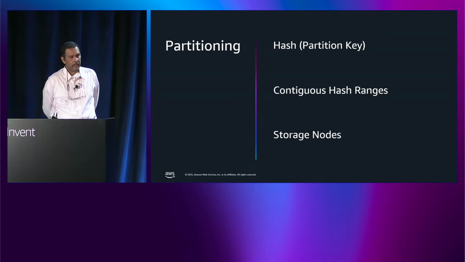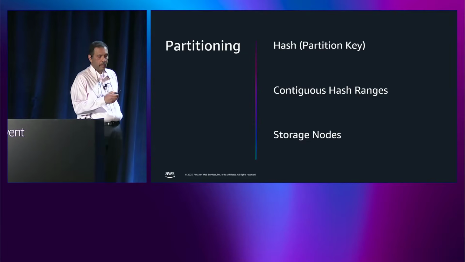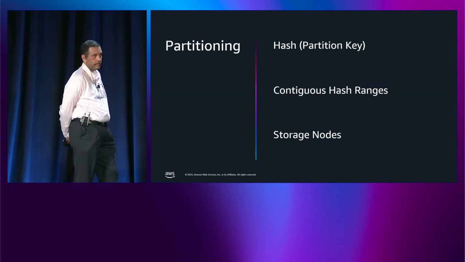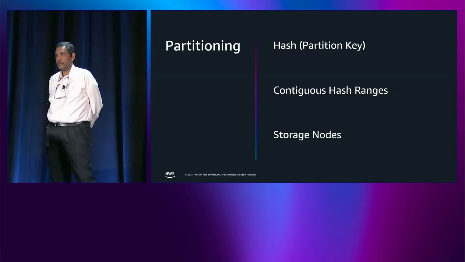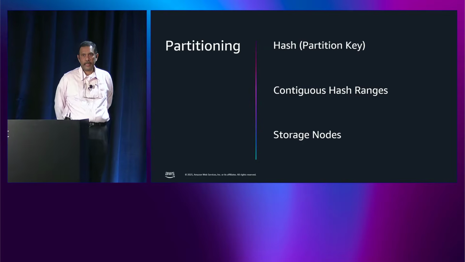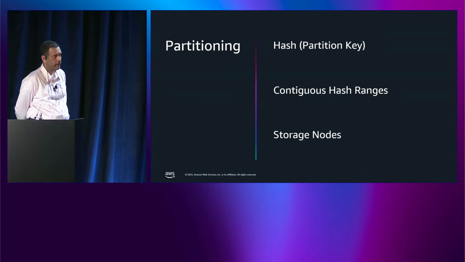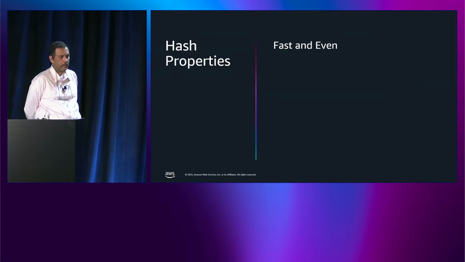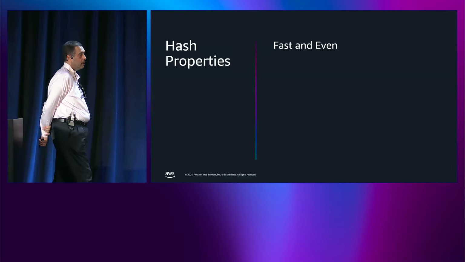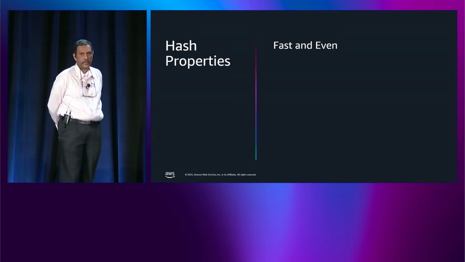OK. So a partition is a contiguous range of hashes. All right? So we compute the hash of the partition key, sort based on the hash, contiguous ranges become a partition, and store those on storage nodes. That's pretty much how we work. So the hash which we use, a couple of the properties of the hash, of course, it has to be a fast hash.